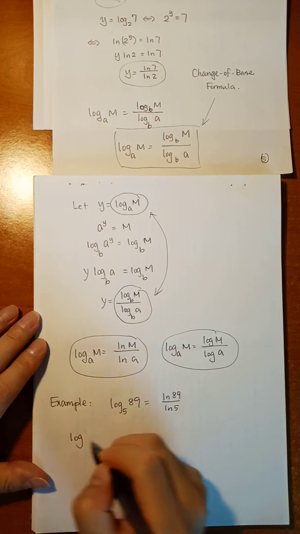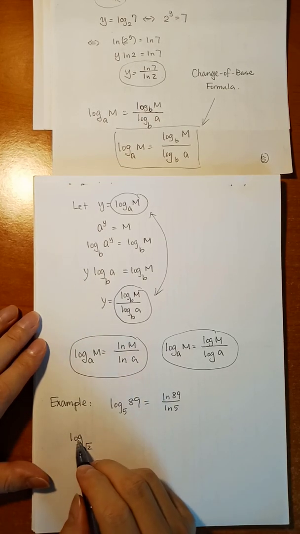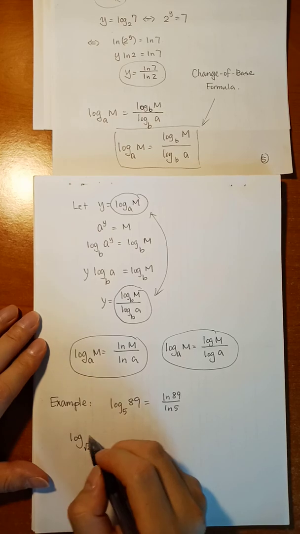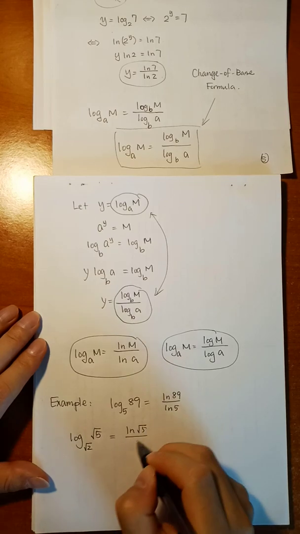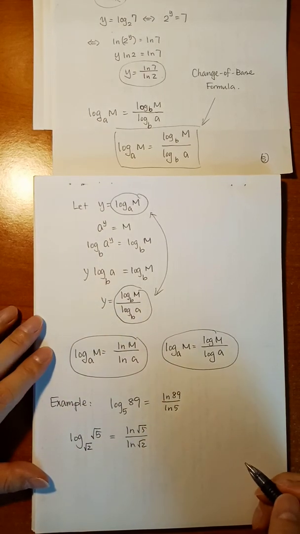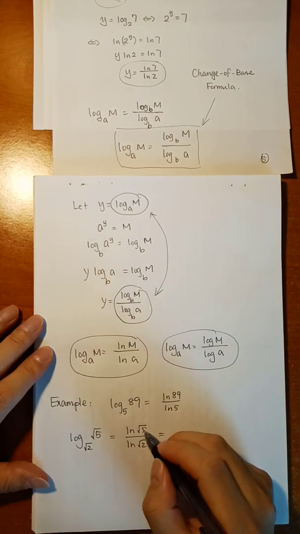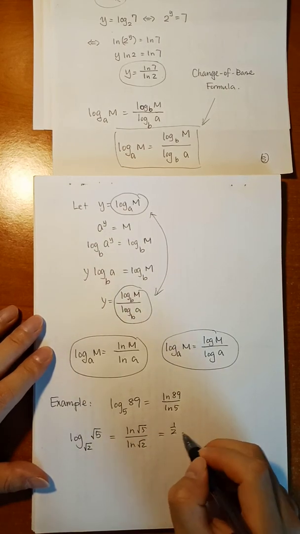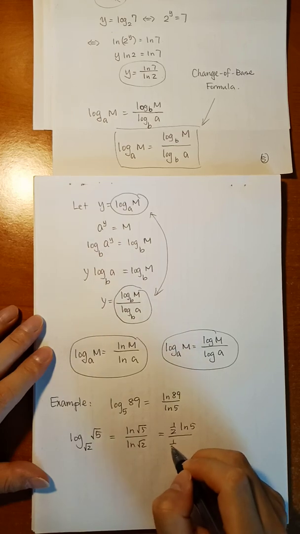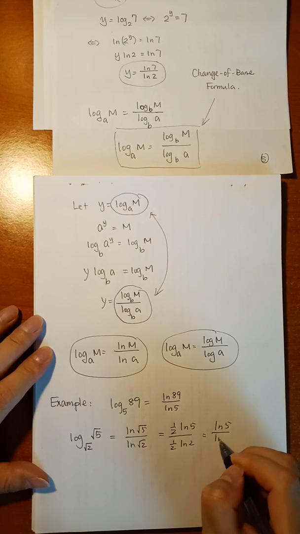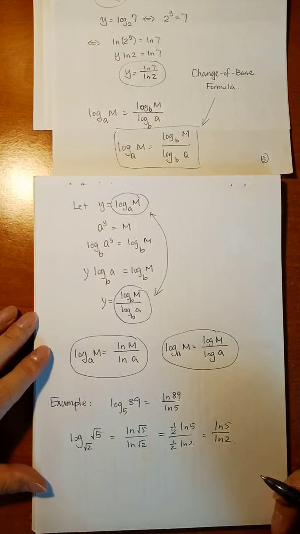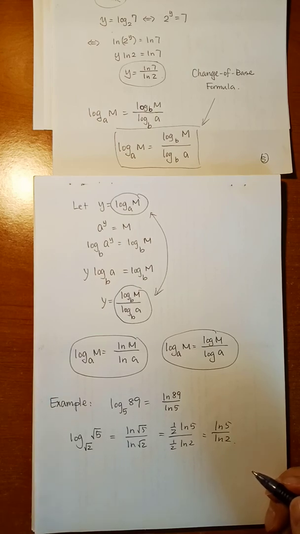If you have log to the base square root of 2 of square root of 5, it is ln of square root of 5 over ln of square root of 2, and square root is power 1/2. So we get ln of 5 over ln of 2. Okay, so that's an application of the change of base formula.